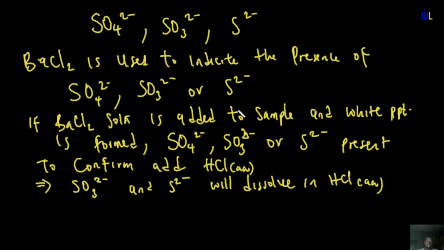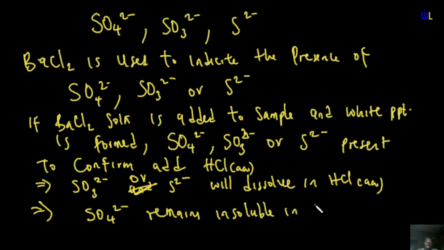So after adding BaCl2 and they say add HCl, once you notice that the precipitate dissolves, your answer becomes SO3 2 minus or S2 minus present, basically. Then dealing with the other one, SO4 2 minus, how would you confirm it? SO4 2 minus remains insoluble in HCl aqueous. So just have that in mind.